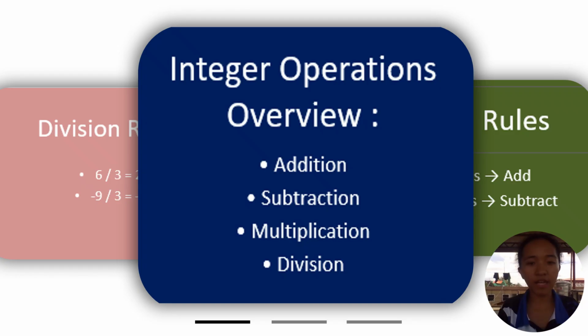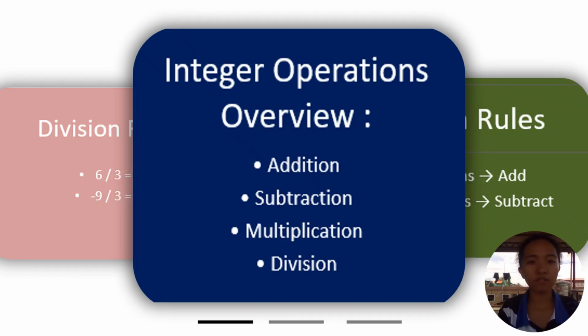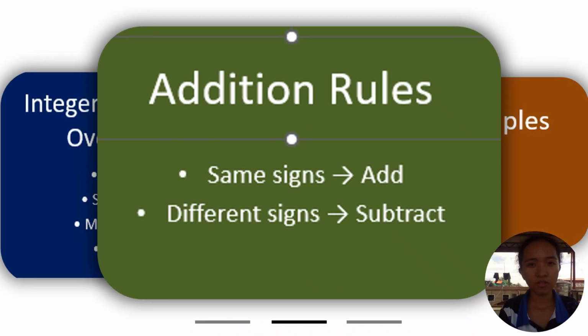So let's dive into these operations on integers. The first is addition. The addition rule is that for the same signs of an integer we add, for different signs we subtract.